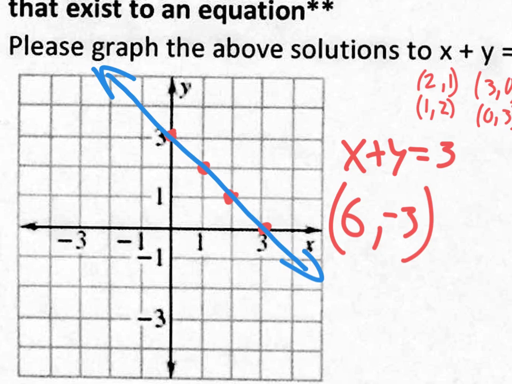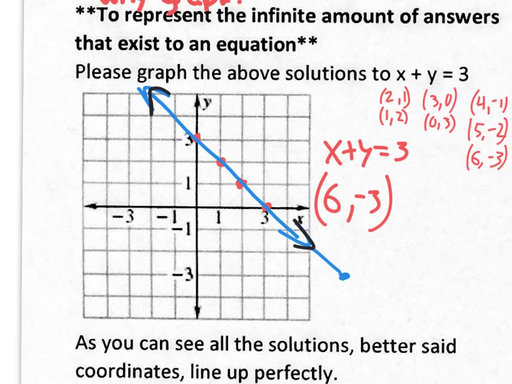But you notice that this dot over here does pass right through that equation. So the arrows mean that it continues forever. So this line that we just graphed really does represent the infinite amount of answers that exist to an equation with two variables. Are you with me?